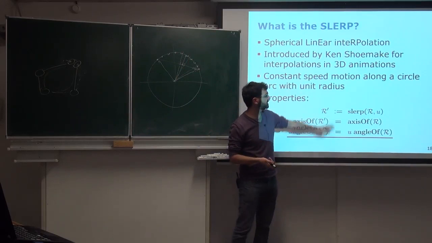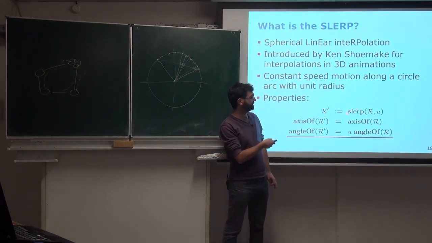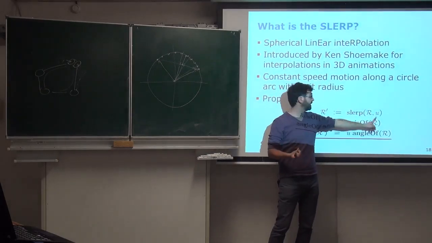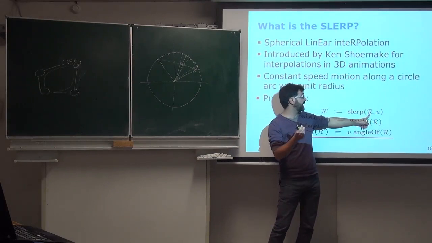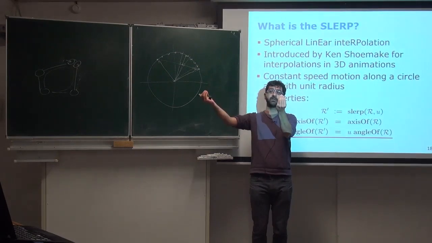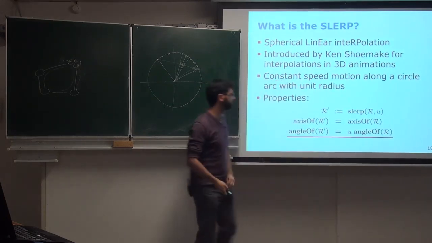So R' is by definition SLERP(R, u), always having one rotation and one level. And this R is always considered such that the initial one is at 0 and then there is the R. So you always interpolate between 0 and R. That's the definition of SLERP.